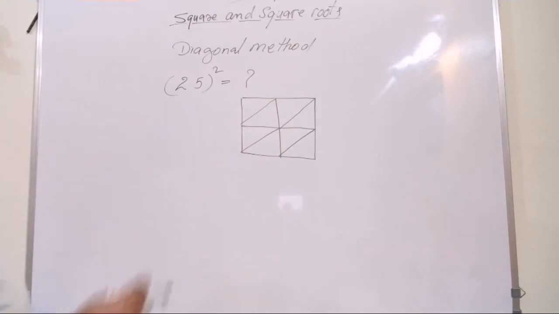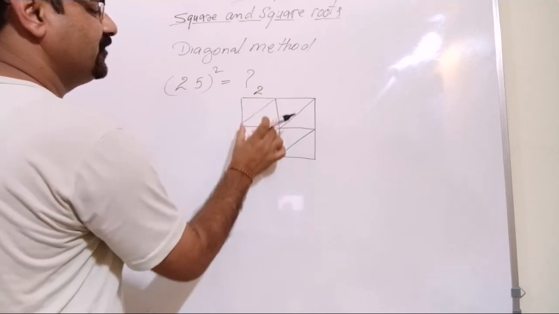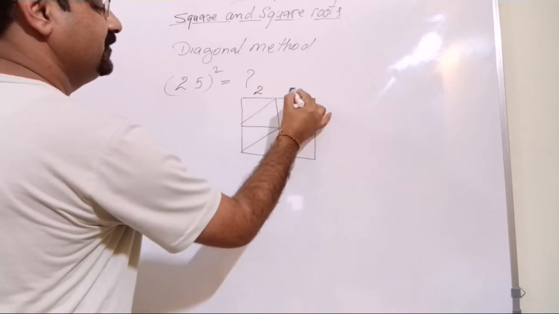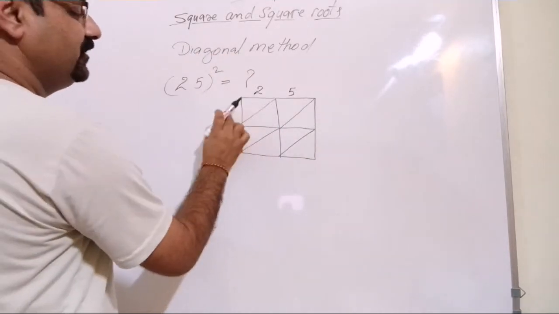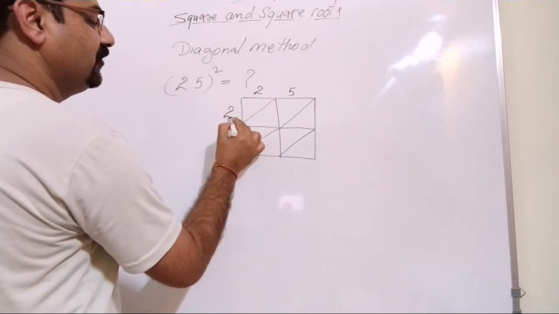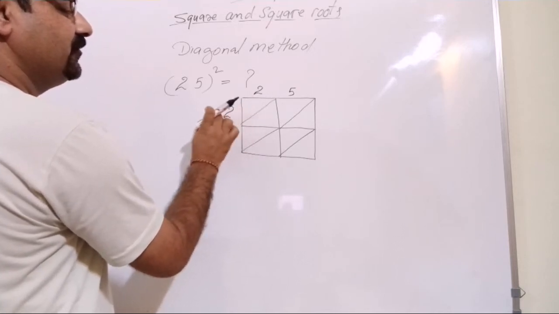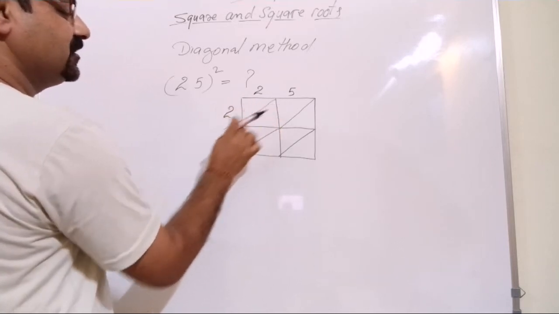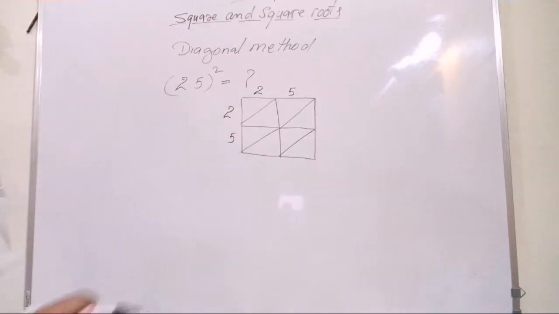Here we write our first value: 2 on the top of the first box and 5 on the top of the second box. Again we write the digits of 25 on the front of the first box, and similarly the second box.